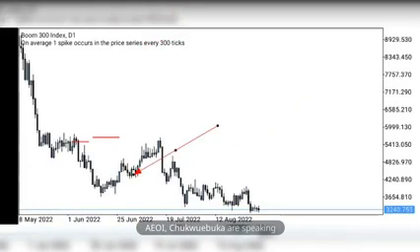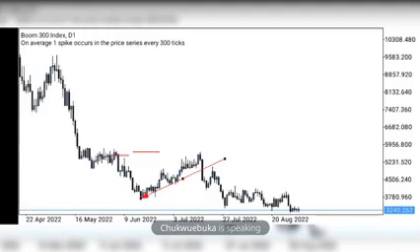Exactly, that's where I would have marked as my own structural point. But like you said, if you want to mark out your range first, after knowing the trend, you mark your range. That's the lowest low, then before the lower high.